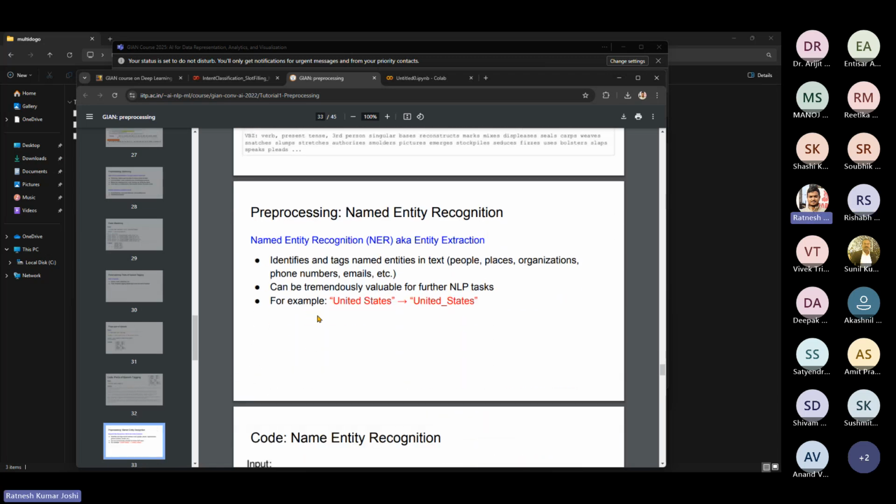Then the second important thing is named entity recognition. The idea of named entity recognition is that for a particular given user input, some values hold a very specific importance, right? And it could be made of multiple words, but they need to be processed together. So for example, here is United States. United States needs to be processed as a single value.